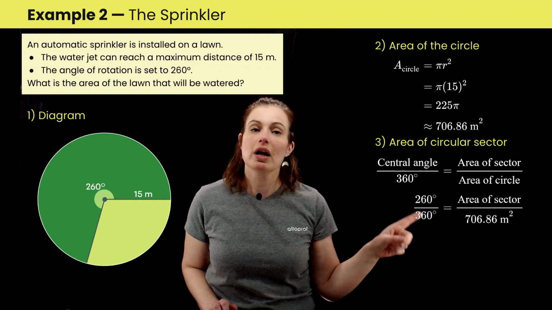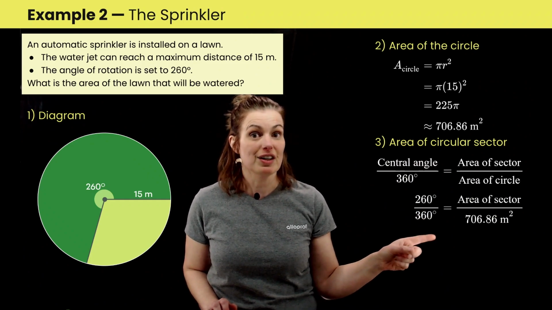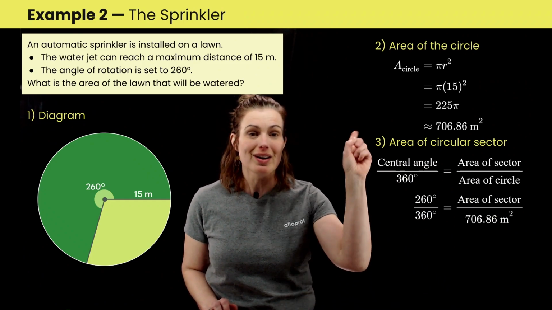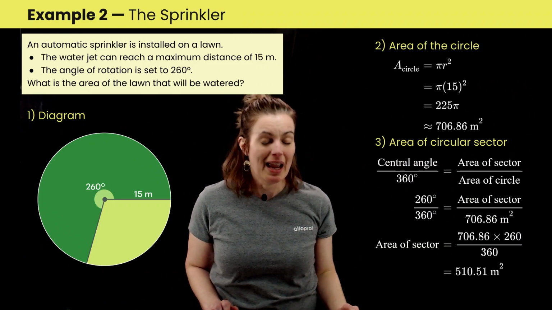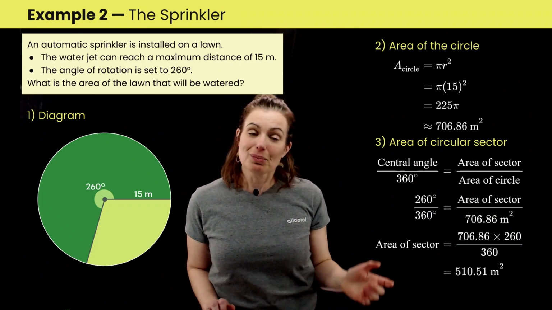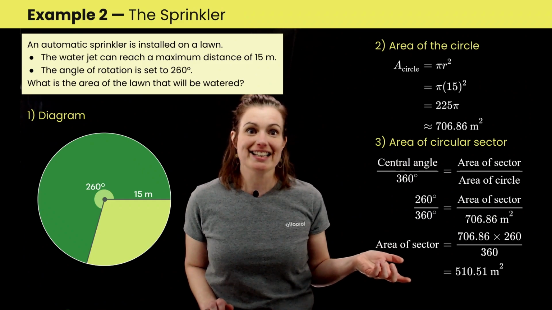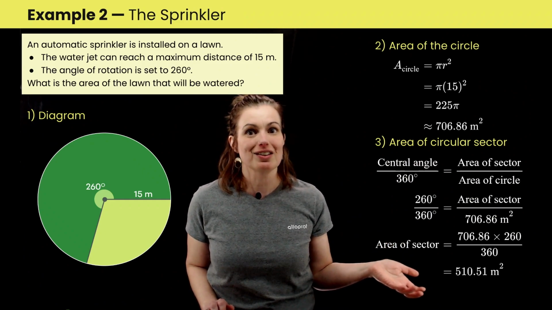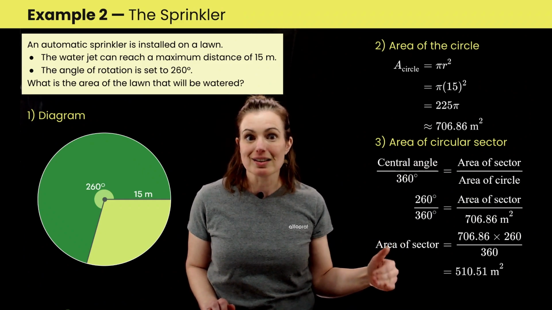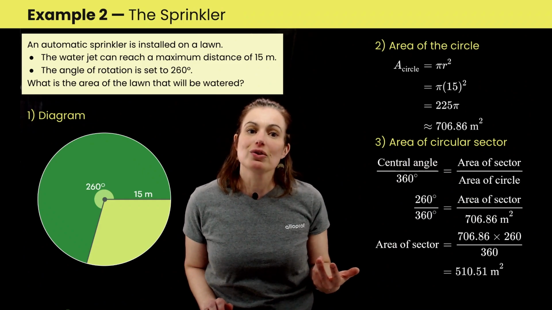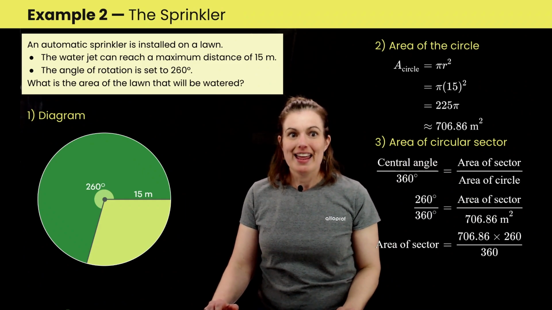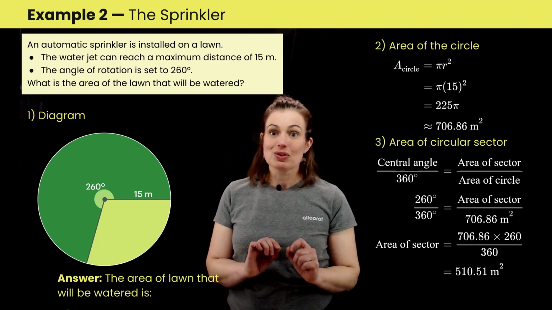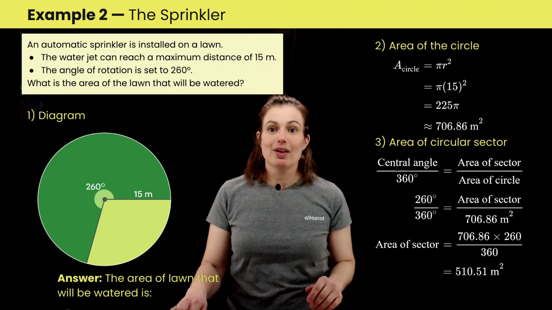And I'm going to put it over the entire area of the circle, which is 706.86 meters squared, which I calculated up here. Isolating the area of the sector gives me 706.86 multiplied by 260 degrees divided by 360 degrees to give me 510.51 meters squared. And that is the area of the lawn that will be watered.